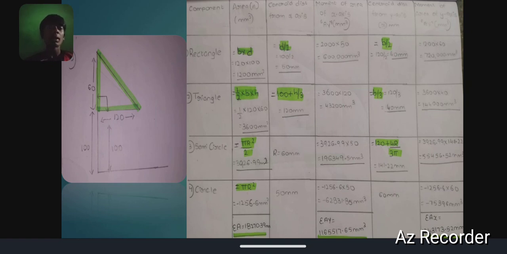Now the second component we are taking is the triangle. The area of a triangle is half into base into height, that is half into breadth 120 and height 60. That is the area of the triangle that we find. Now we come to the centroidal distance from the x-axis.